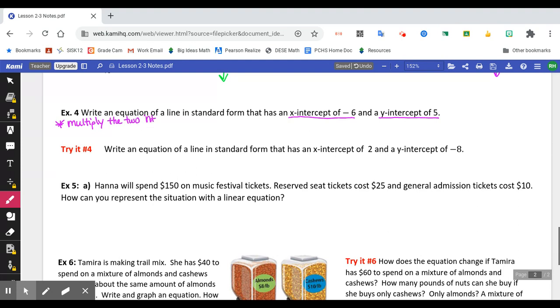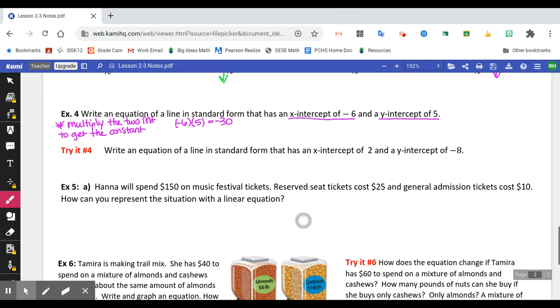So multiply the two intercepts to get the answer, the constant. Okay, so -6 times 5 equals -30. So my answer, my standard form, has to be x plus y equals -30.